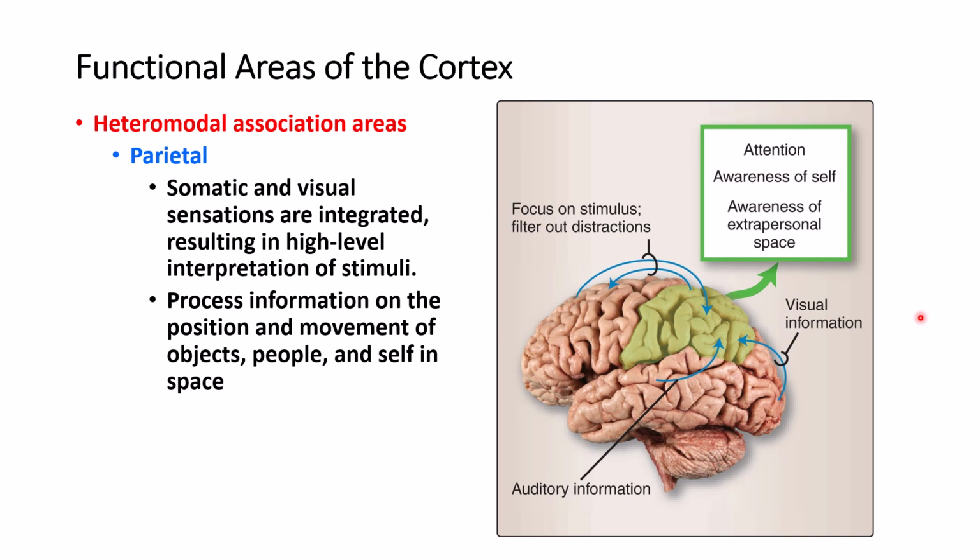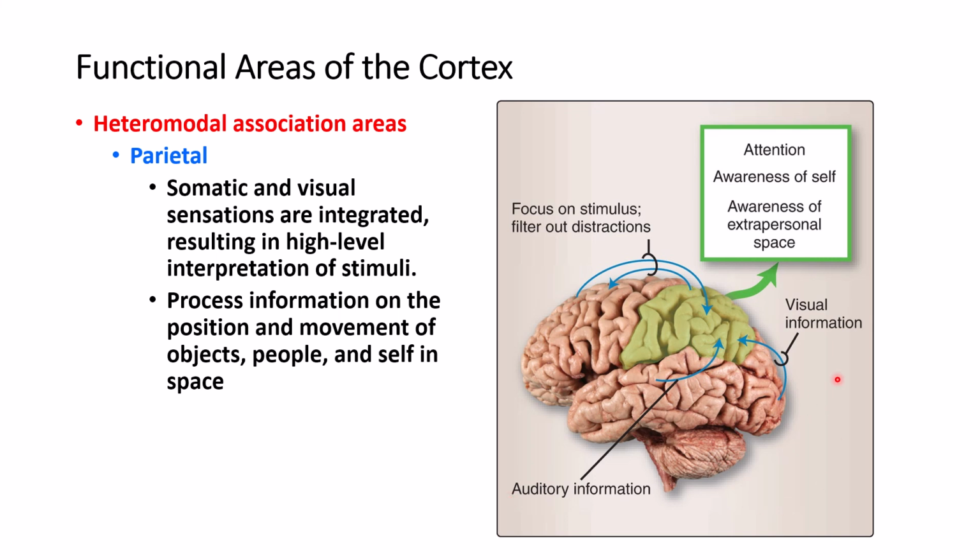Also it's important for attention and being focused on a specific task. And to be focused, you have to receive stimuli from different areas, so you can get information from any auditory system, so any sound information, speech, things like that.